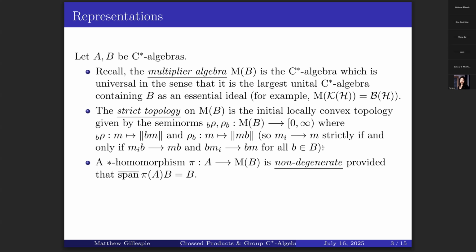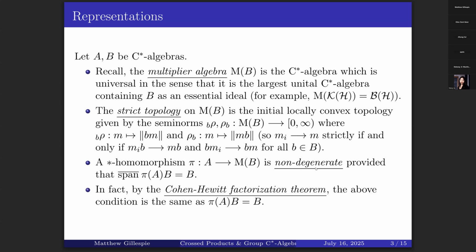This is just a definition, but there is a very useful non-trivial theorem that I highly recommend, if you haven't seen it before, to Google. It's a very, very useful theorem in functional analysis, which actually simplifies this non-degeneracy condition. That's called the Cohen-Hewitt factorization theorem.